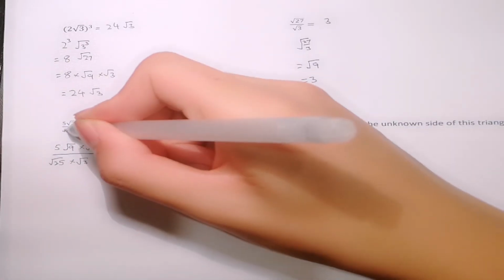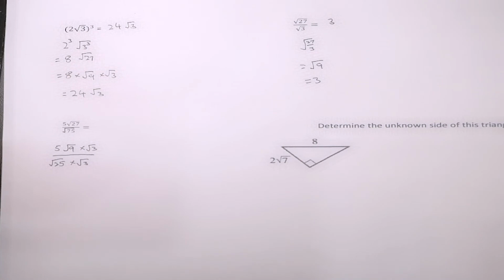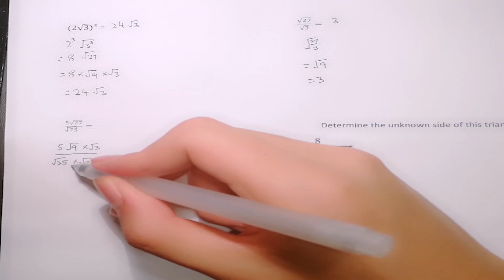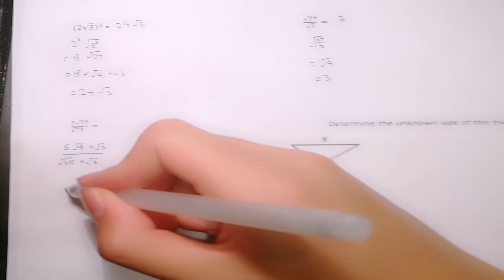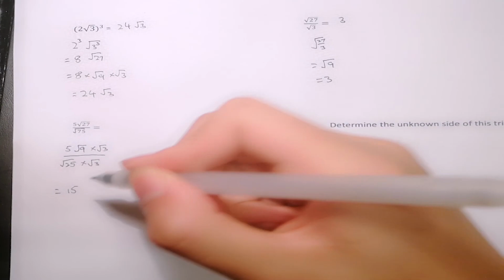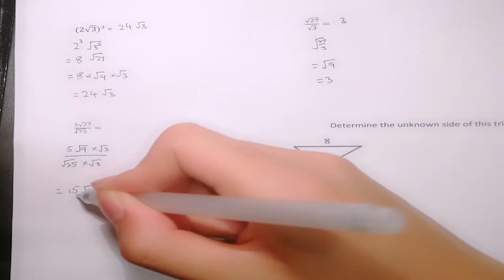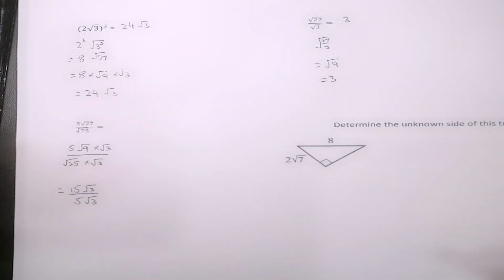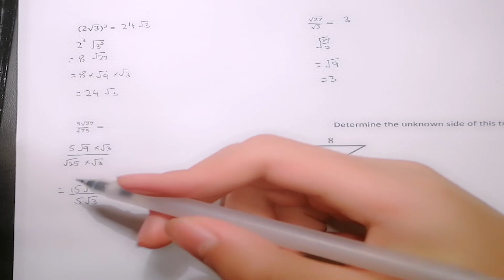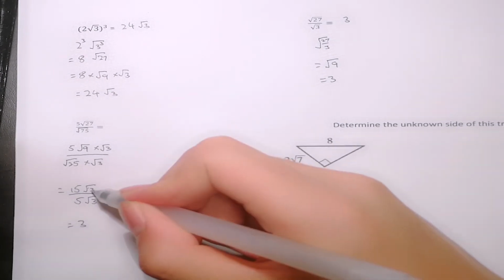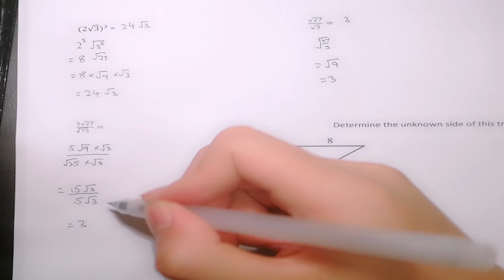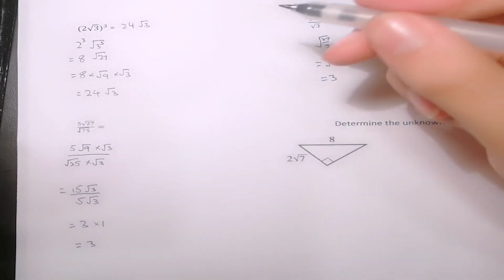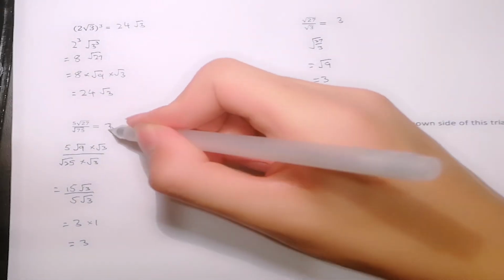Sorry, this is meant to be square root. And here we can simplify the square root of 9 and 25. So we'll get 15 root 3 over 5 root 3. 15 divided by 5 is 3, and the square root of 3 divided by the square root of 3 is 1. So it's 3 times 1, which equals 3. So the answer to this question will be 3.